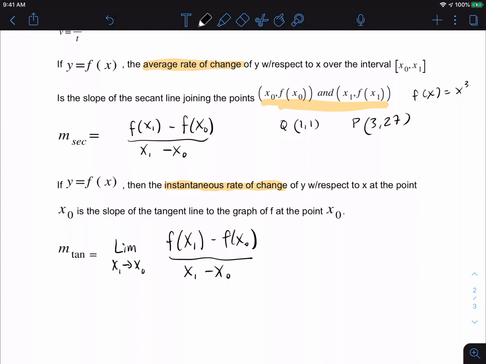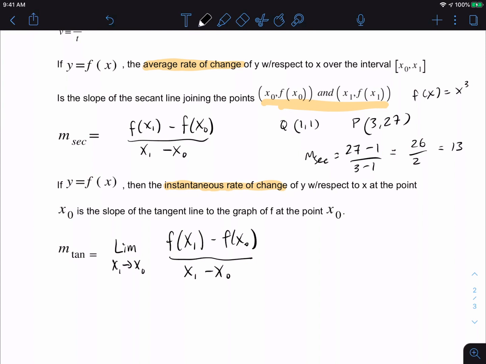I'm going to go 27 minus 1 over 3 minus 1. This ends up being my secant. That gives me 26 over 2, which tells me the average rate of change for this is 13, going from Q to P.